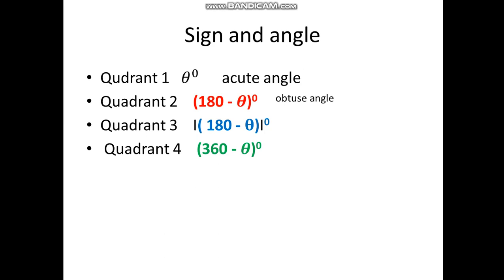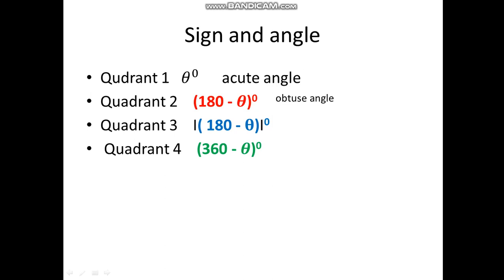In the second quadrant, it is obtuse, and in that second quadrant, the angle will be 180 minus theta. In the third quadrant, it will be the absolute value of 180 minus theta, meaning that if that angle is more than 180 and you subtract it, we will have a negative value, but we will take the absolute value, which makes it positive. And in the fourth quadrant, the angle will be 360 minus theta.